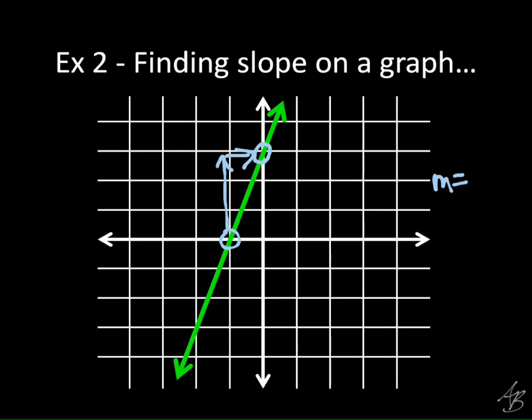So my slope is going to be 3 over 1. What do I not have to do here? I don't have to simplify, right? When the numbers are bigger, we're going to have to simplify. So in order to make the numbers smaller, we can pick lattice points that are closer together. If we pick lattice points that are as close together as possible, then you won't have to worry about simplifying in the end.